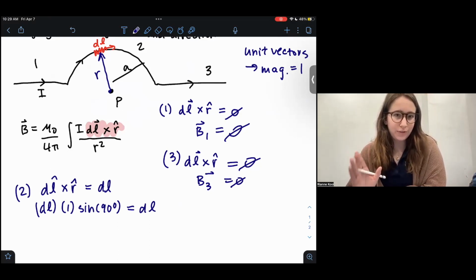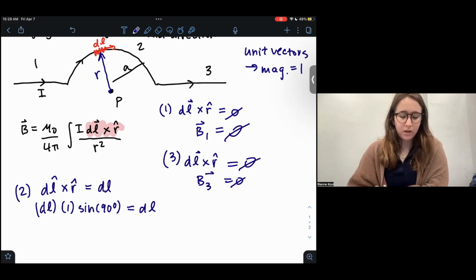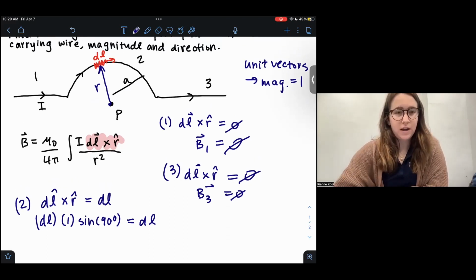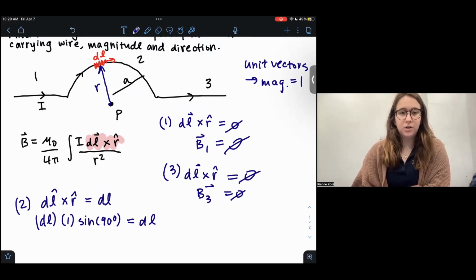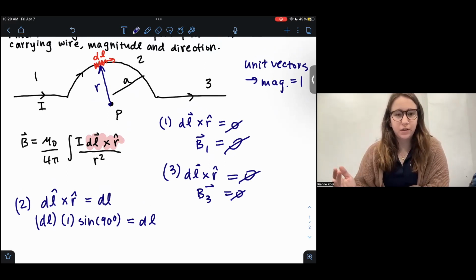So there's that, but we also want to know what direction this is going in before we start solving and setting up our integral. We can use the right-hand rule to do this. You want to point your thumb in the direction of the current and curl your fingers around it to find the magnetic field at that particular point. Or you can curl it towards the r vector.